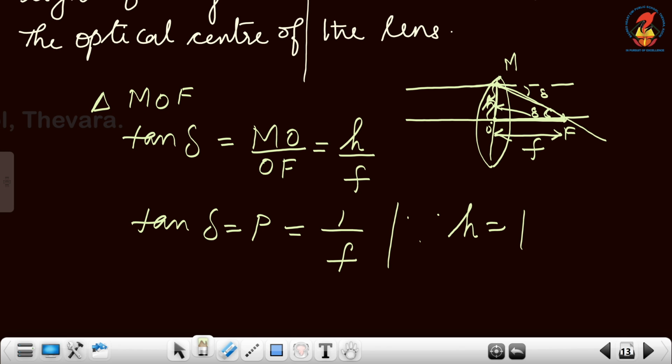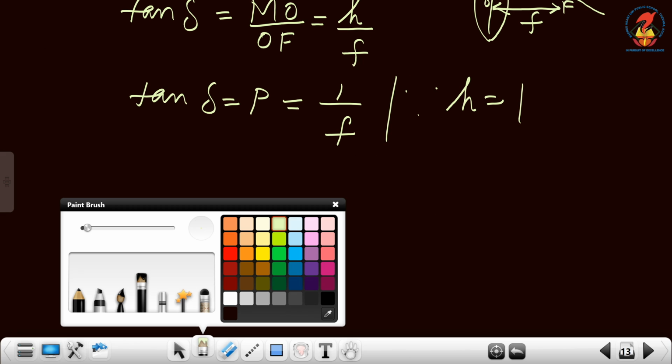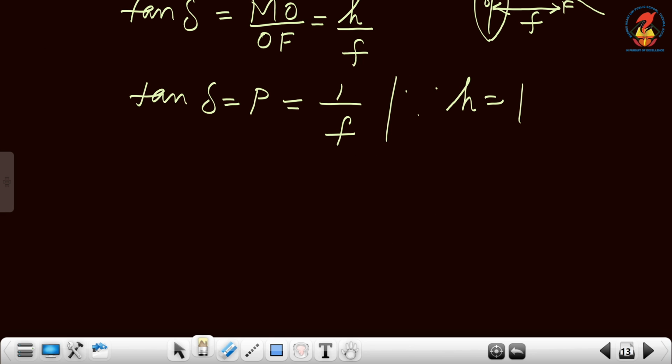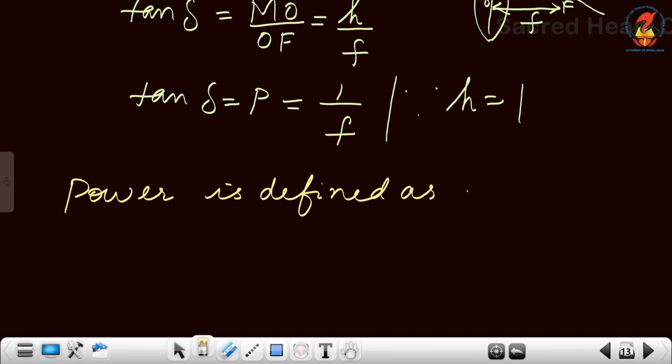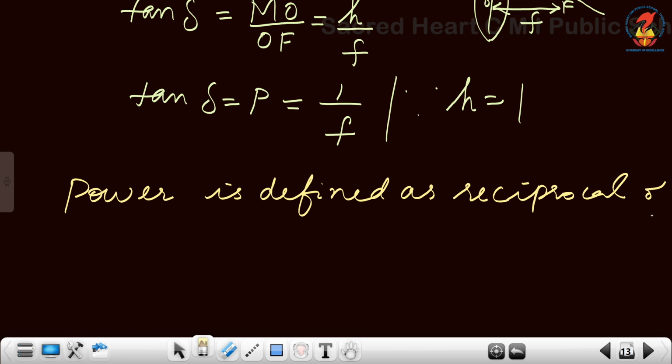Hence power can also be defined as the reciprocal of focal length.